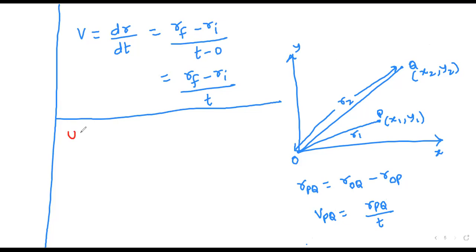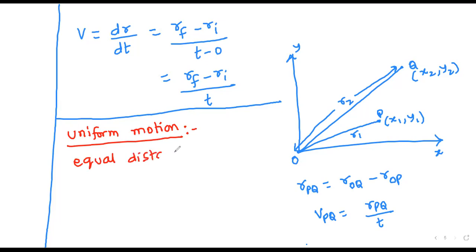Next one is uniform motion. If the particle travels equal distances in equal intervals of time, then we can say that the particle is in uniform motion.